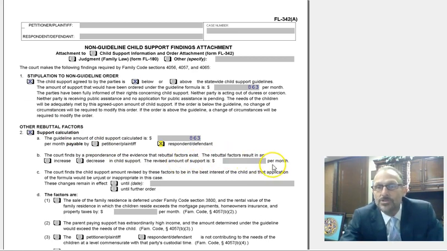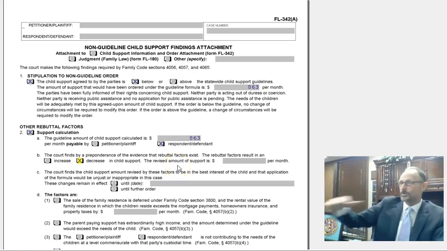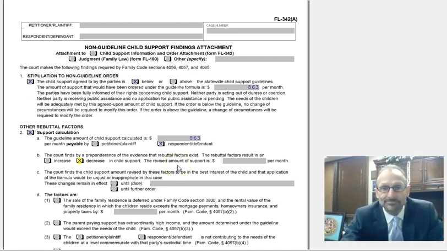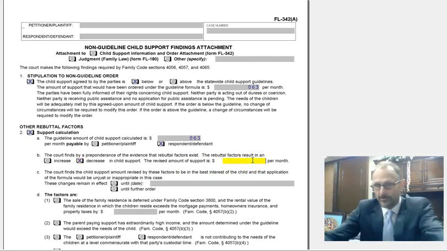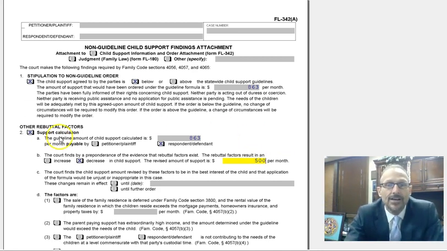The rebuttable factors result in a decrease in child support, and we've agreed that we're going to do below. That's if you're going to agree to a number that's below guideline. The revised amount of child support is whatever you guys agreed to. My example, I was going to say $500.